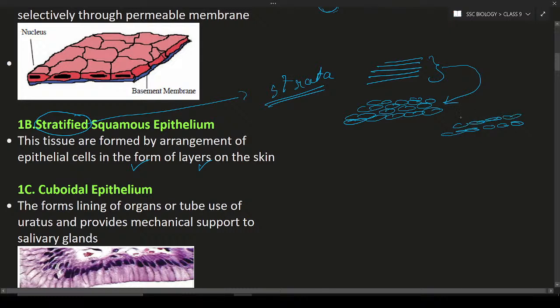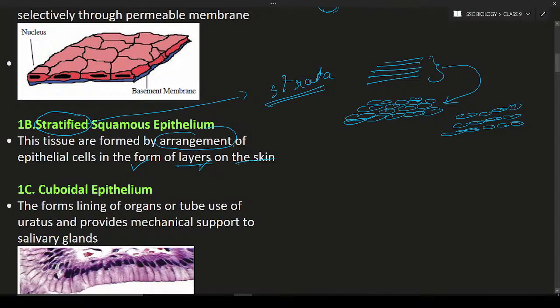They are looking layer by layer, and such layers are known as strata. Hence we can call such tissue stratified squamous epithelium. So remember, this tissue is formed by the arrangement of epithelial cells in the form of layers on the skin, and that is known as stratified squamous epithelium.